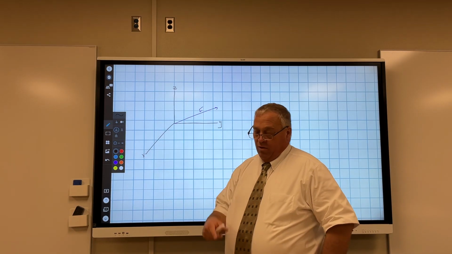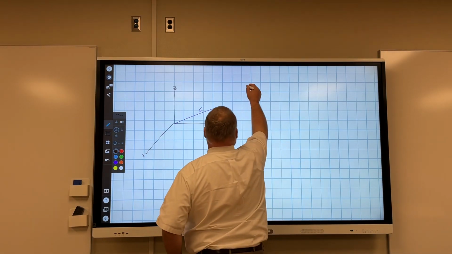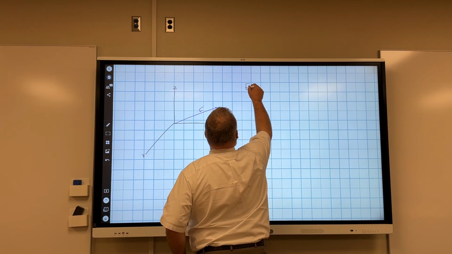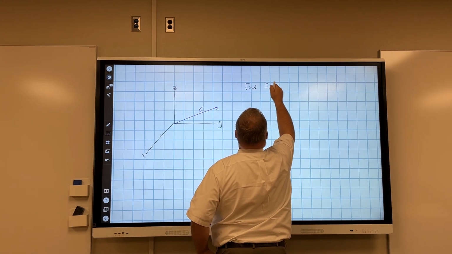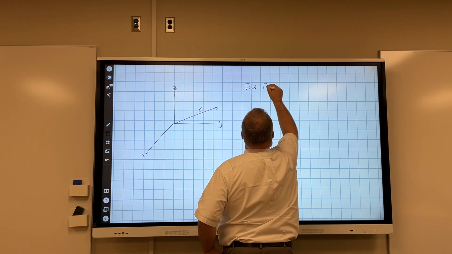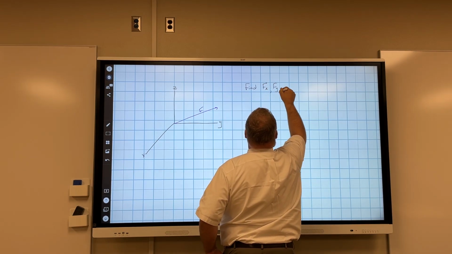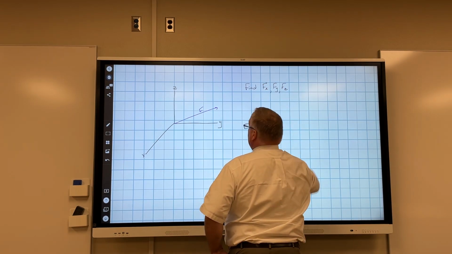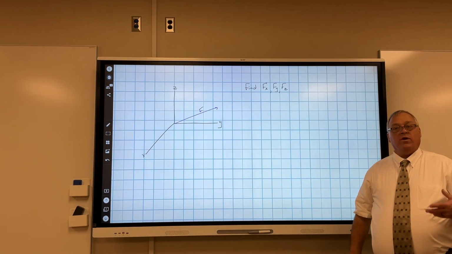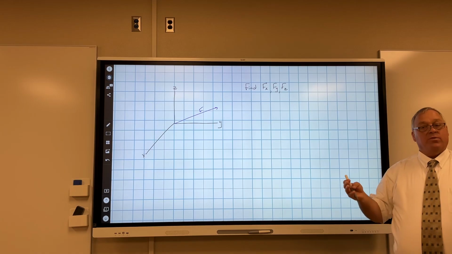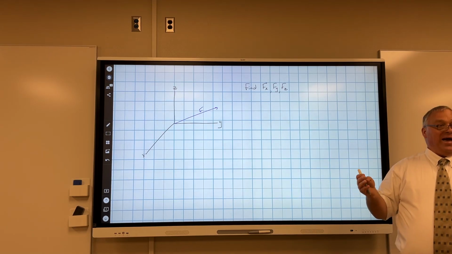Now, we want to find the components of F. So our assignment is find F X, F Y, and F Z. Now, I know I've got a two-dimensional board and it looks like this has just got an angle with respect to the Y-axis.